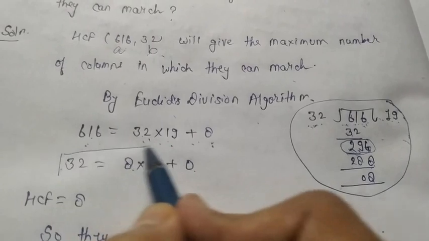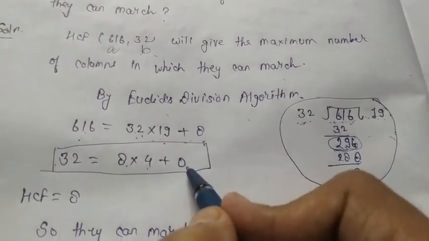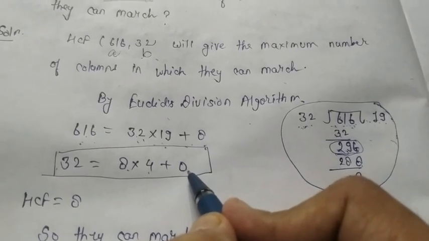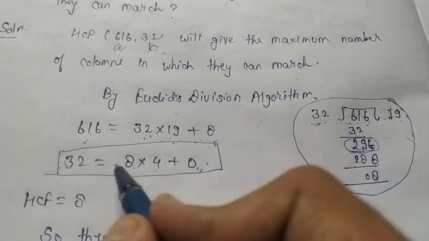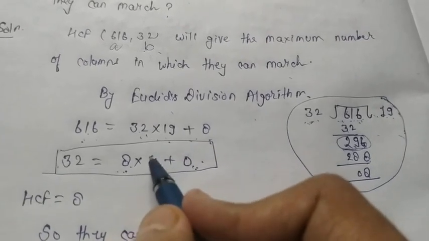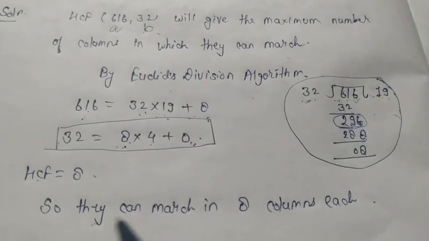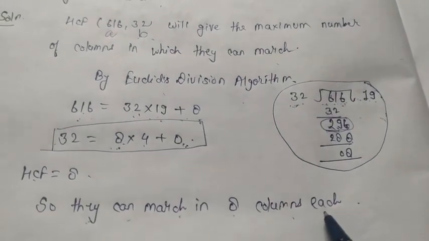So in the second step the remainder becomes 0, so we will stop the division algorithm. Now the divisor of the last step will be the HCF of the given two numbers. It means the HCF is 8, so we can say that they can march 8 columns each.